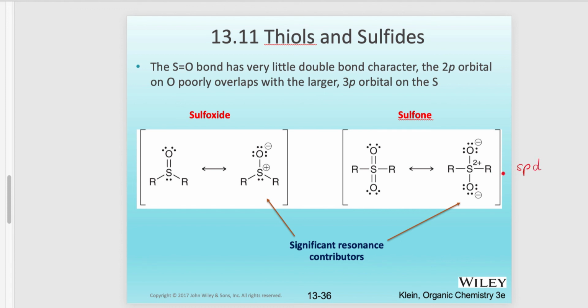When we look at resonance, resonance is such an important concept that we keep on applying, and it turns out that this one here and this one here are significant resonance contributors. It has to do with electron density being pushed into the oxygen. Oxygen is a little bit better at stabilizing the negative charge, and you can actually have a Lewis structure like this, where you have 2 negative charges and sulfur with 2 positive charges.